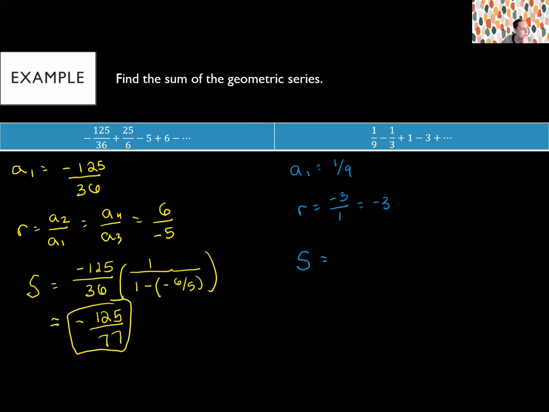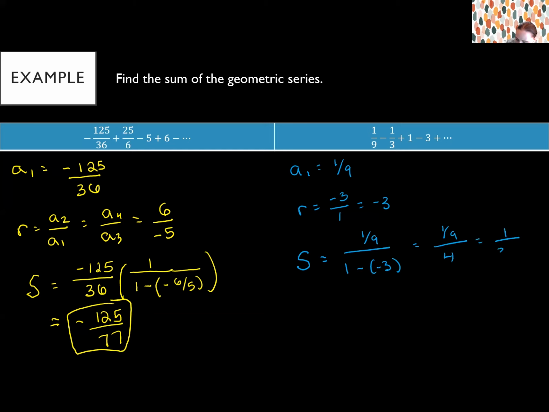Okay, we get 3.111. That is not what I got when I put in my calculator. Maybe I put it in my calculator wrong. So let's see. We've got 1/9 divided by 1 minus a -3. So that's 1/9, and then that's going to be 1 plus 3, which is 4.